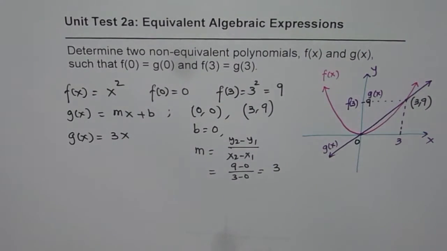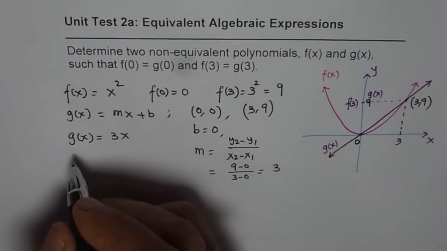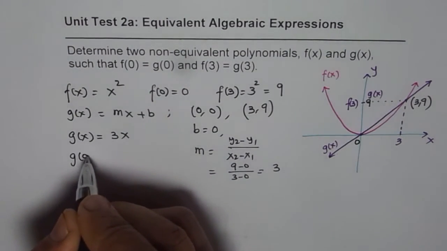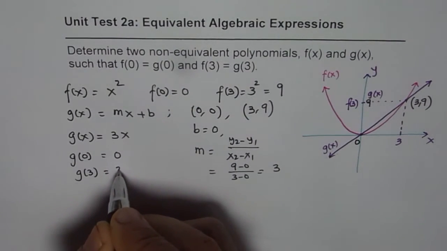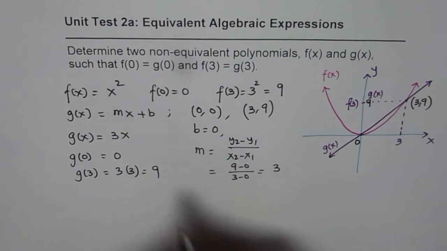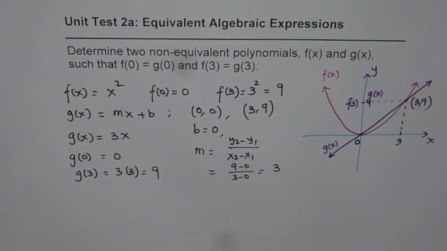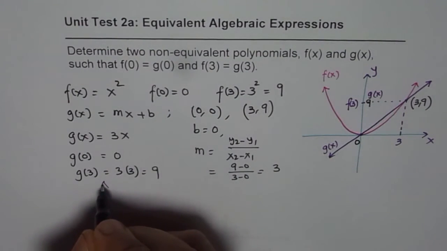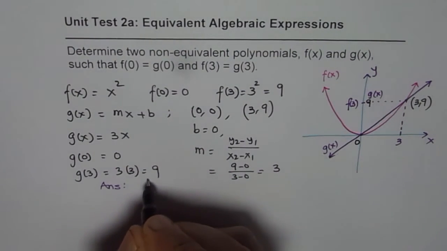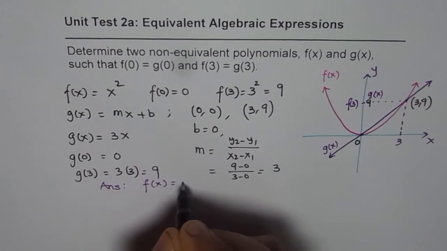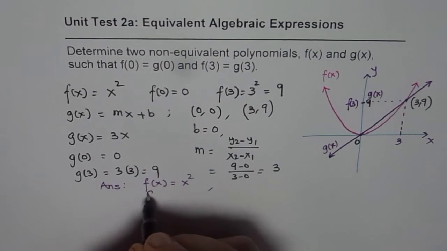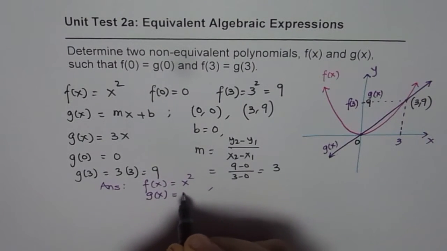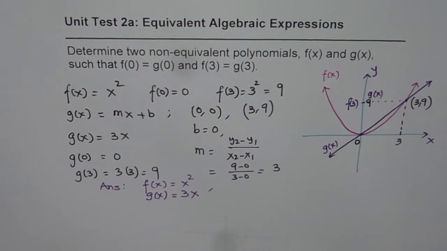So these are the two functions. Now we can check what g of 0 equals. It is 0, and g of 3 is 3 times 3, which is 9. So it works for us. That is true. So we have our answer here, and the answer is the two functions can be f of x equals x squared and g of x equals 3x.